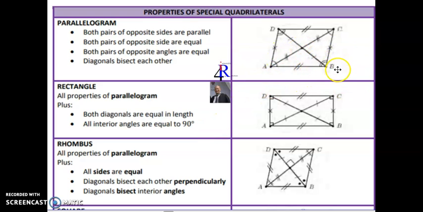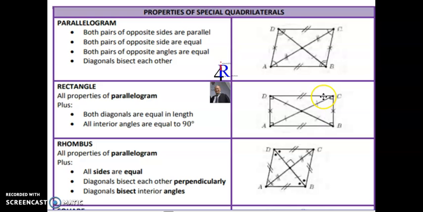Often on the Cartesian plane, when I have to prove that something is a parallelogram, I merely have to do that. Prove that the center of both line segments meet in the same place. When I work with a rectangle, all the properties of a parallelogram apply to the rectangle with the exception that the angles are 90 degrees.